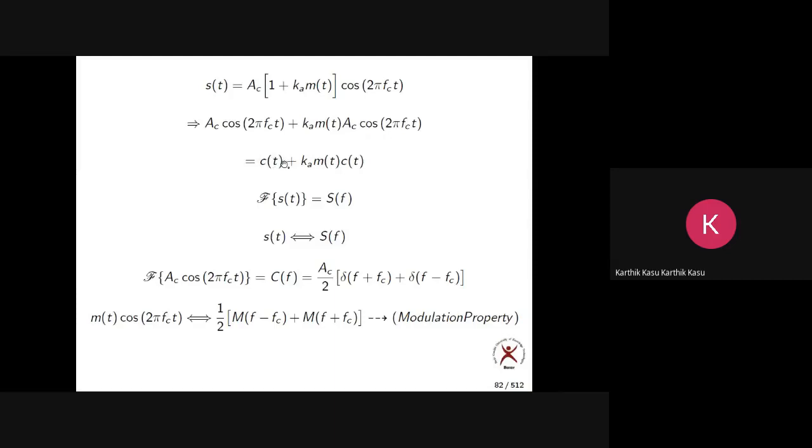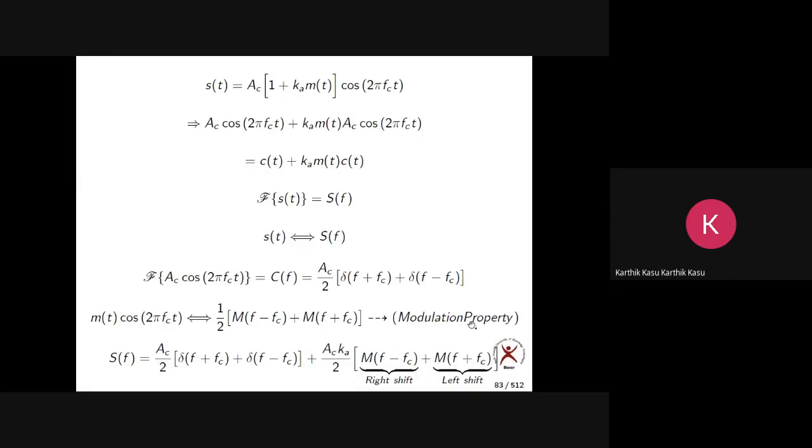We add the carrier only in AM. More or less, modulation means multiplying our message signal with the carrier. Remember this. That's why the name comes modulation property. You can verify in the book also; there it is written as modulation property only.